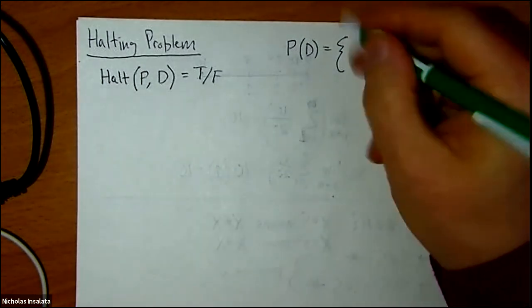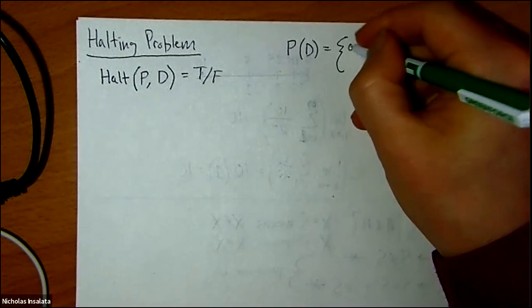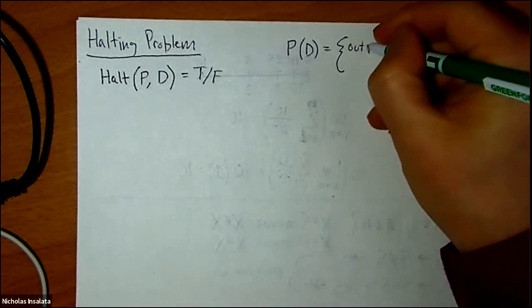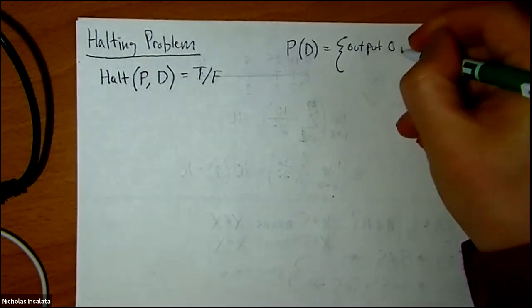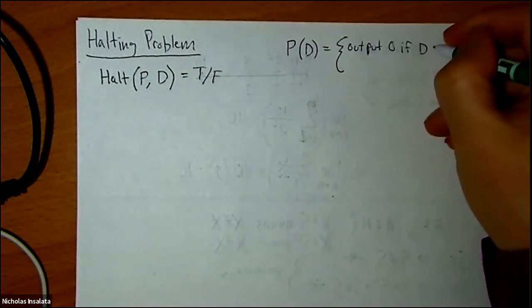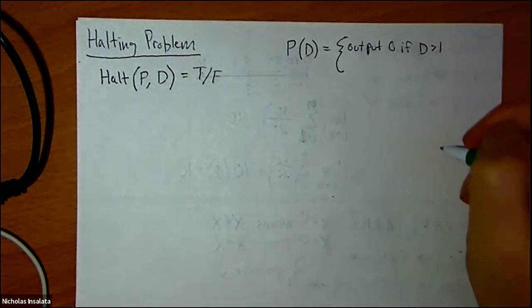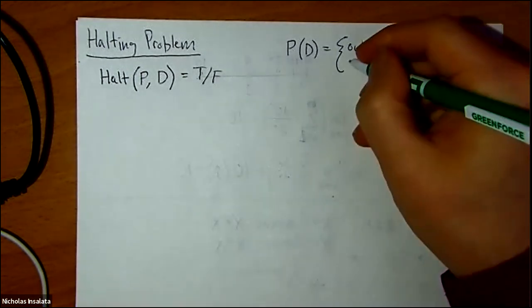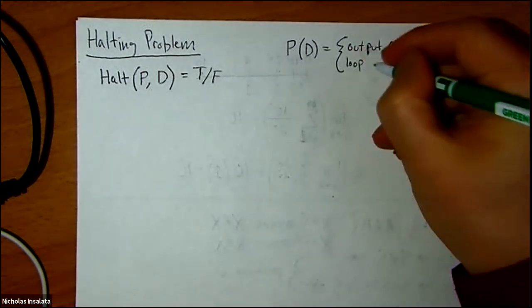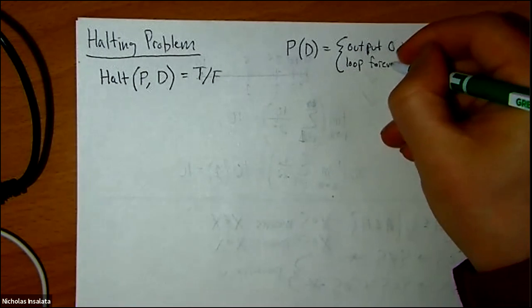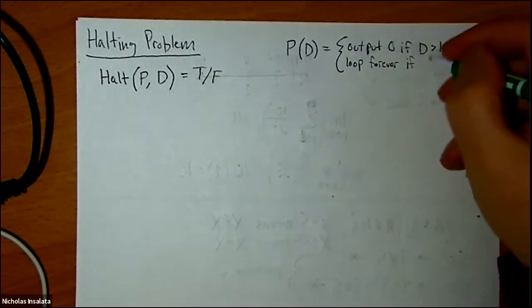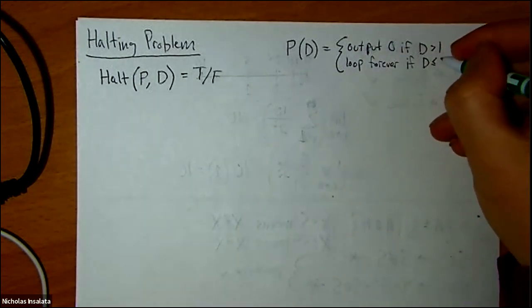It can do two things. It'll output 0 if D is greater than 1, right? And it'll loop forever if D is less than or equal to 1.